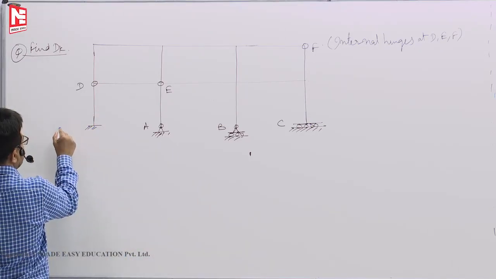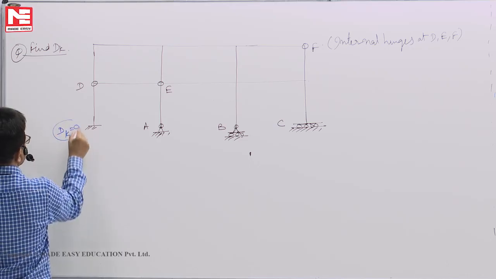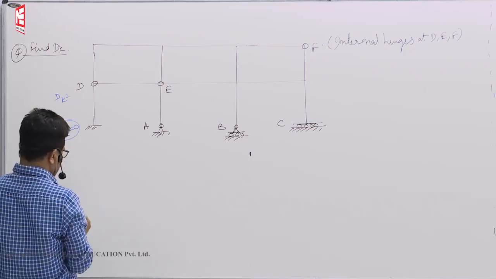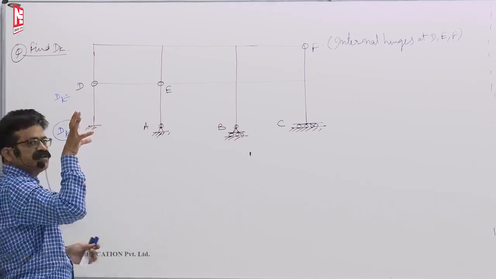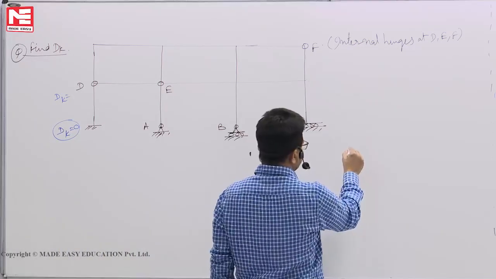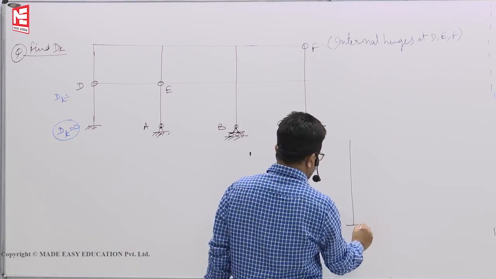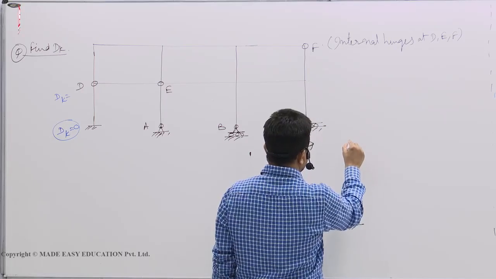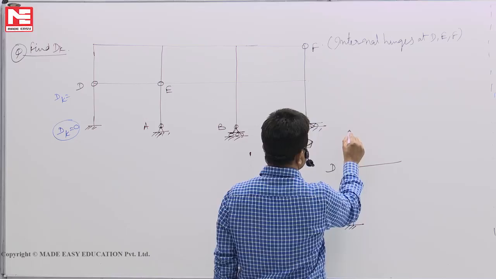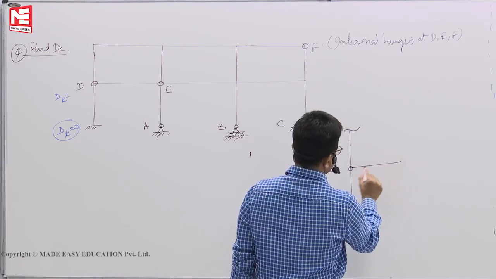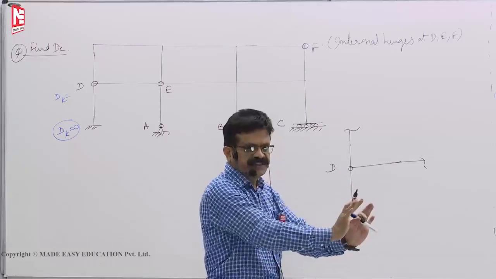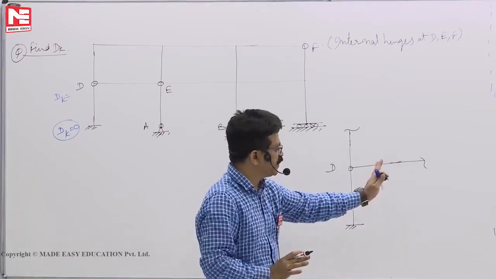At this point dk is 0. How much is dk here? Kinematic indeterminacy. For that you must know how it looks. Dk at D, I will show here. Fixed. D here. There is one member here. This point is D. Now when you push it, wind load or something like that, it will sway.